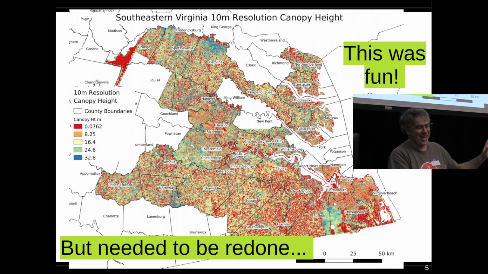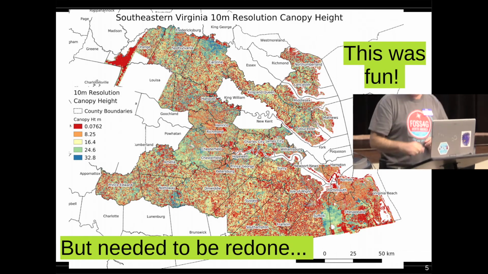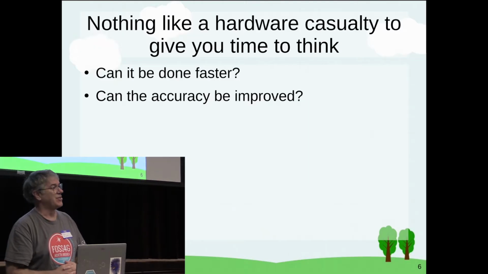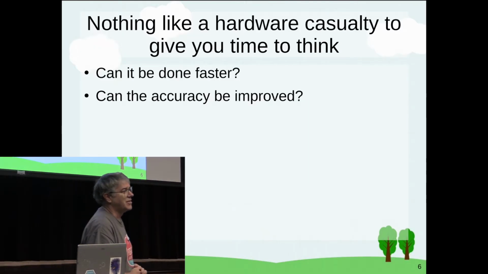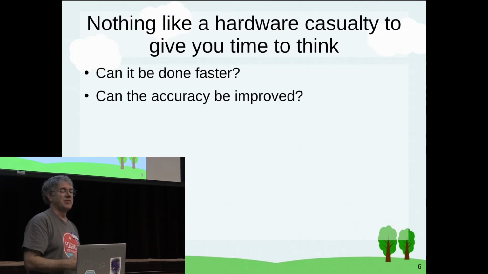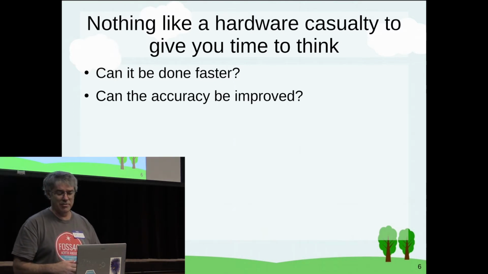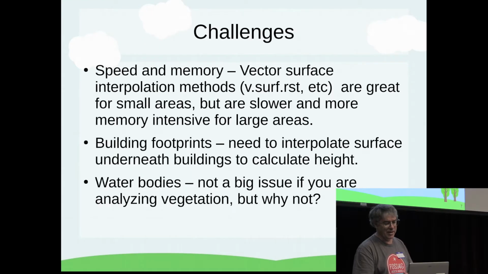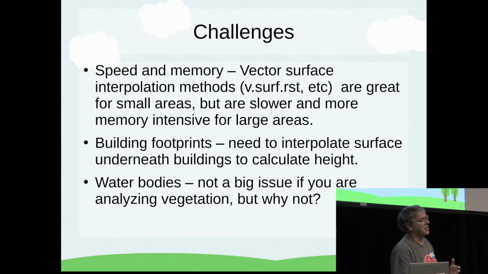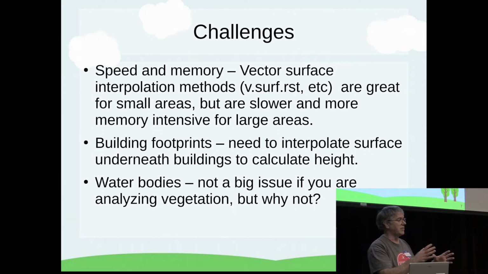So, new hard drive. But while you have a hardware casualty, it gives you a chance to think. You ask, was I doing this the most efficient way? Can I improve my accuracy? The things you have to think about when you're doing surface interpolation methods: vector is very nice when you're working with tiles.